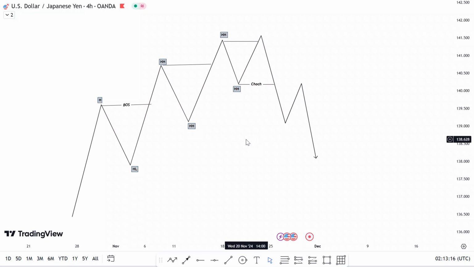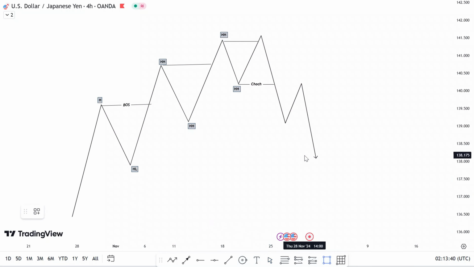When we get to the analysis and the candlestick charts, I'm going to be explaining them to you, and we identify a lot of things using the candlestick chart. Now that the market has created a change of character, what it means is that the market has changed character from an uptrend.